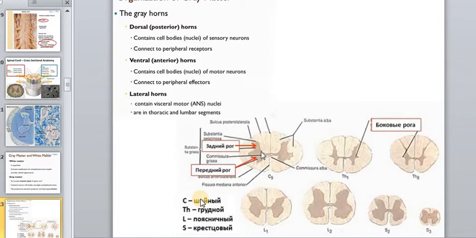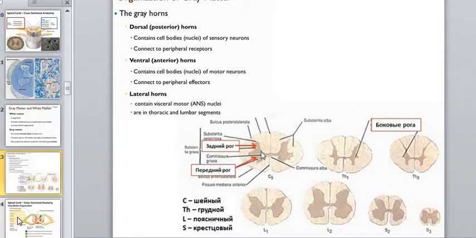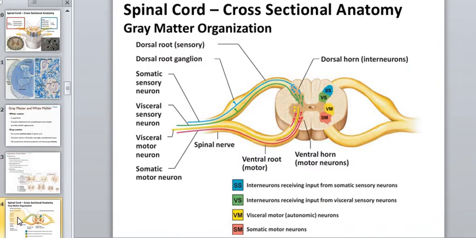The axons of cell bodies in the lateral gray column synapse with sympathetic ganglia. The upper thoracic segments control sympathetic activity in the heart and thorax, while the neuronal cell bodies of the lower thoracic and upper lumbar regions affect abdominal organs, pelvic organs and lower extremities.